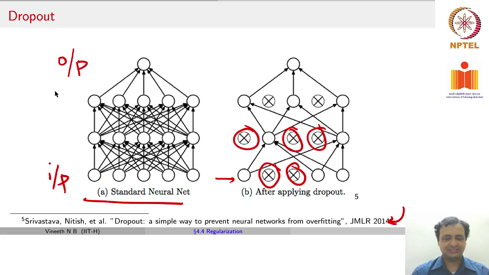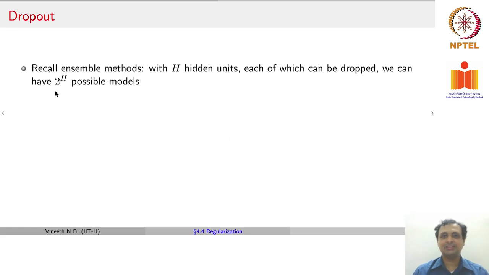Why do we do this? Let's examine this a bit more, and we'll also give you an intuition of how this can be helpful. Remember, we said that ensemble methods are good regularizers because they can minimize the variance of a model and hence do well on future test data. An ensemble is generally more robust than a single model.